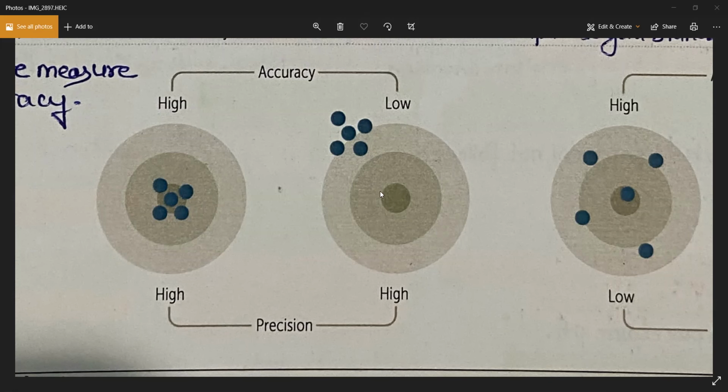Let's say this center represents a 200 level of the troponin, this represents a 230 level of troponin, and this represents a 260 level of troponin.